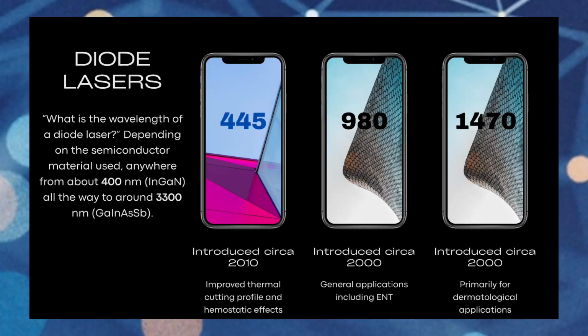About 2010, we saw the introduction of 445, which is the blue laser. It has to do with the frequency, with the color. KTP is 532, in the green. Now this is going a little lower in the frequency, into the blue color spectrum.